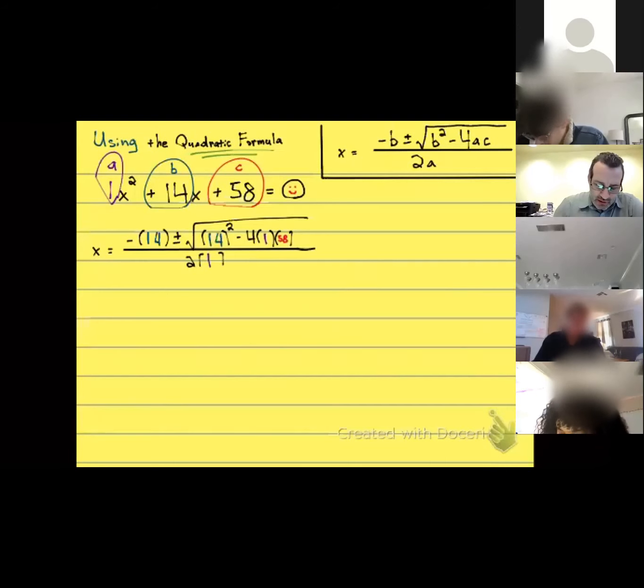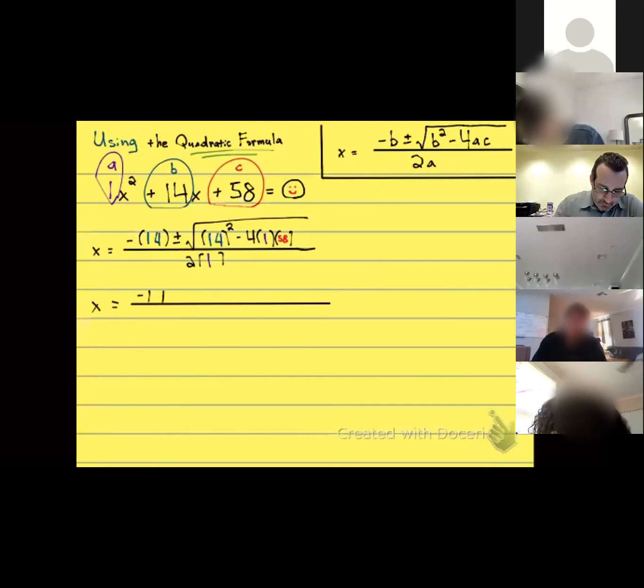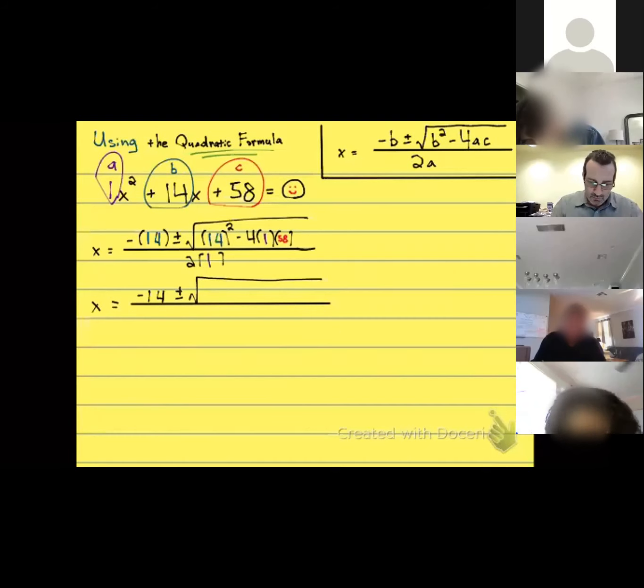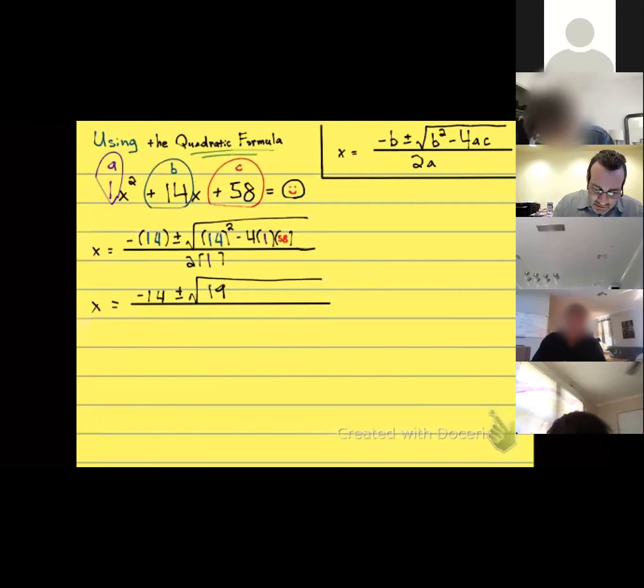All right, now it's calculator time. Let's simplify this as much as possible. The opposite of 14, that's negative 14, plus or minus square root of 14 squared, which is 196, minus 4 times 1 times 58.